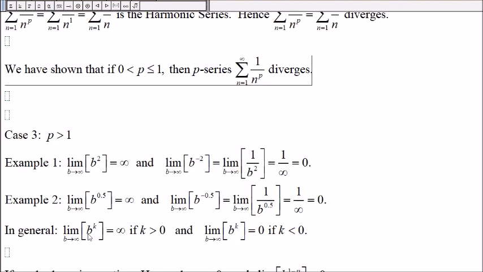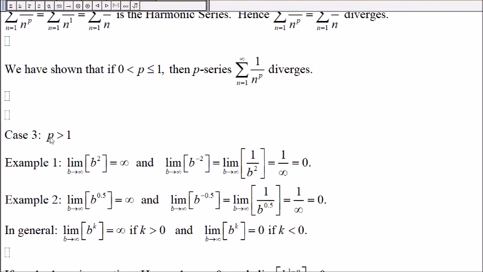So in general, if we have b with the exponent k, the limit will equal infinity if k is greater than 0, or k is positive. The limit of b to the k is equal to 0 if k is negative, or less than 0. So once again, if the exponent is positive, we get infinity. If the exponent is negative, we get 0.